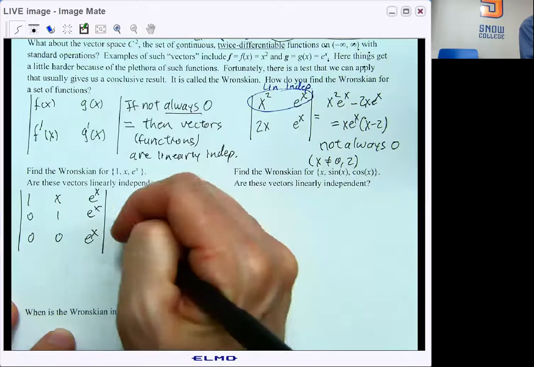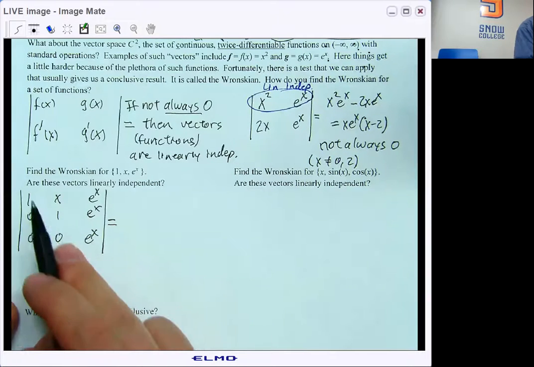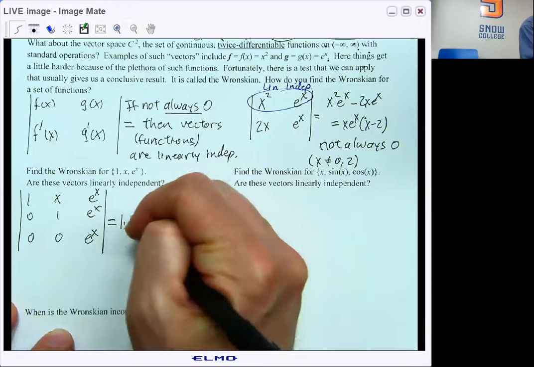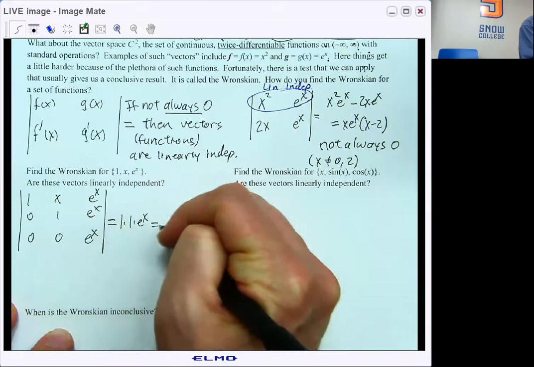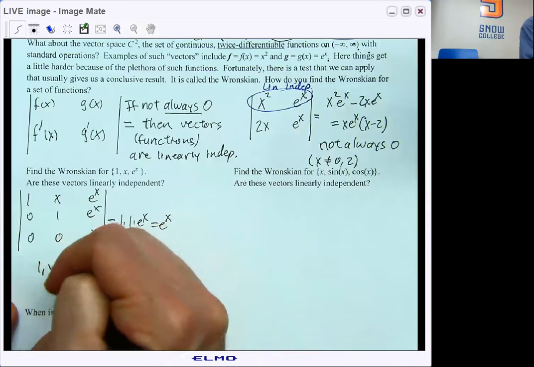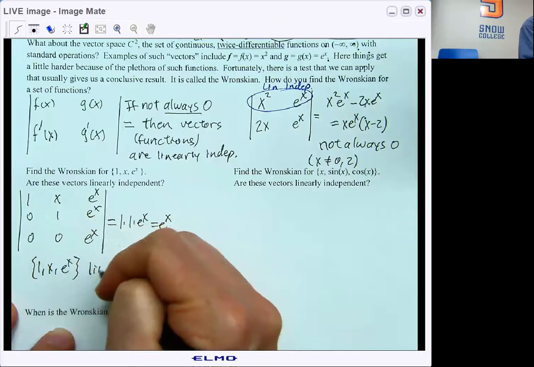Not only is this matrix square, but it is triangular. So the determinant will be the product of the main diagonal elements, which will be e to the x, which is never 0.